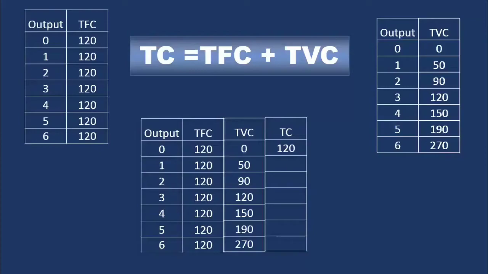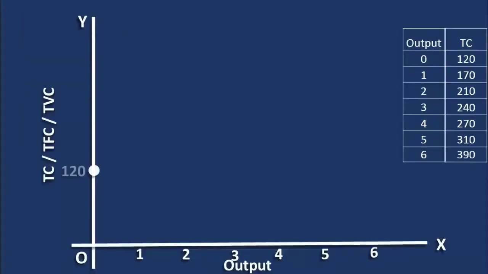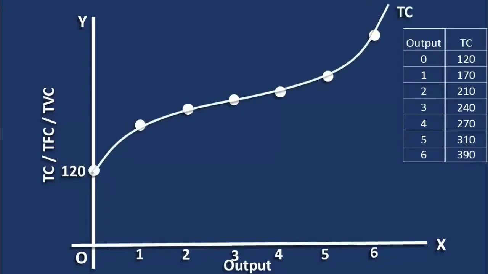So by adding, we will get 120 plus 0 will be 120, and 120 plus 50 will be 170. Similarly, 120 plus 90 will be 210, and 120 plus 120 will be 240, and 120 plus 150 will be 270. And this way we get a total cost schedule. Now we'll take the output and TC and we'll plot the value of TC, that is total cost, in the diagram. And when we join the points, we'll get total cost curve.